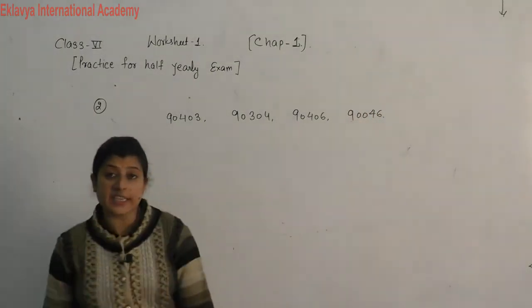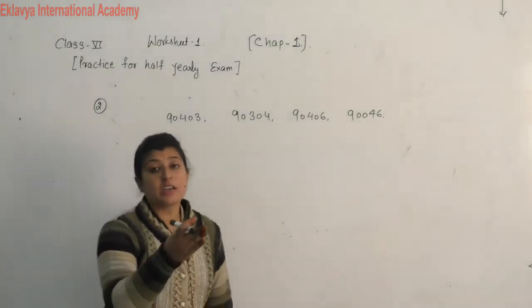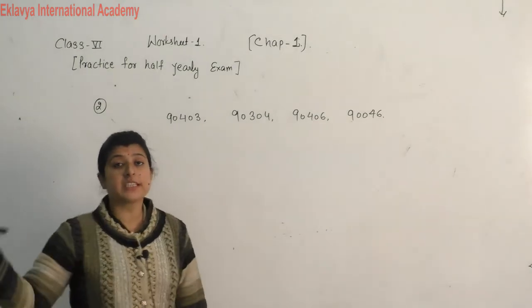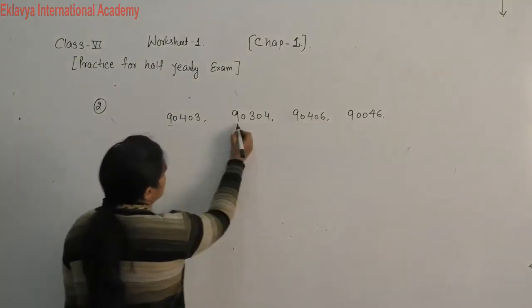Arrange these in descending order. Descending order means firstly we write down the greatest number, then the rest in decreasing order. Okay, see which one is the greatest number in this?